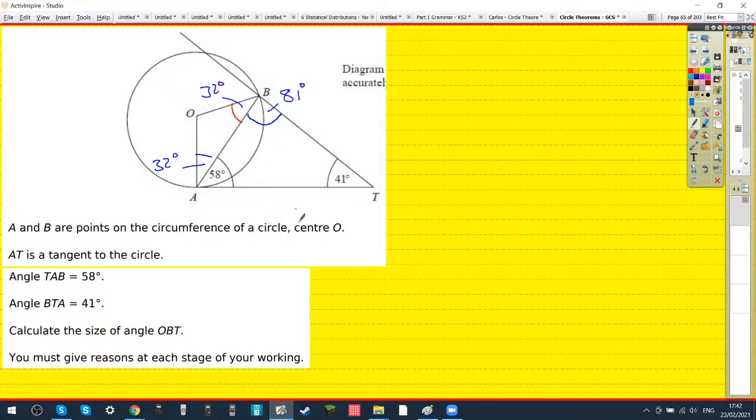Yeah. And so they want the angle OBT. Which angle is that? How do we do that? OBT. Usually it's the middle letter is how I do it. Okay. So I need to add up 32 and 81. Well done.